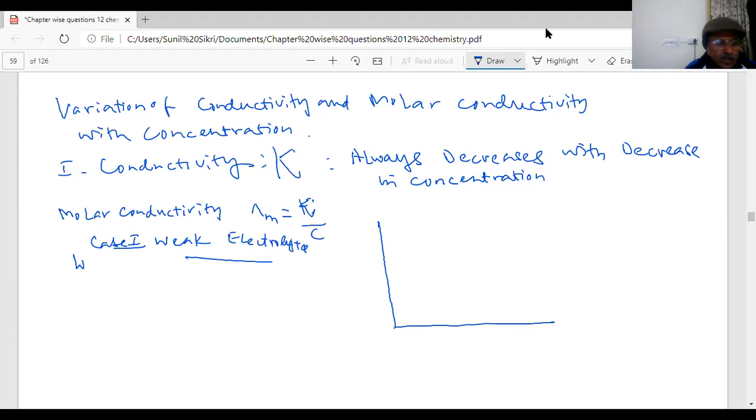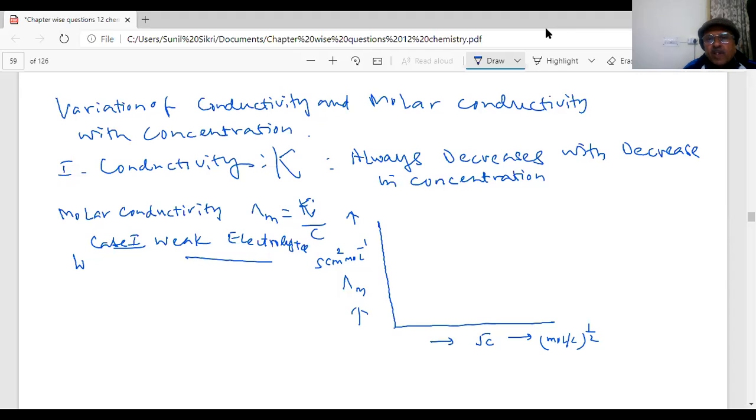The graph is important because this will be asked a lot. Lambda m has units Siemens centimeter square mole inverse, and you plot it against square root of C, where concentration is molarity, mole per liter, to the power 1/2.